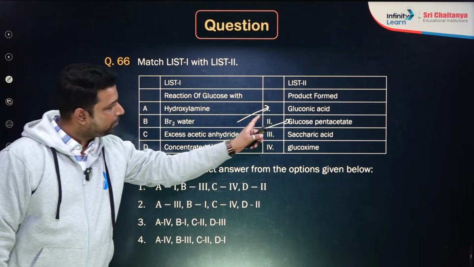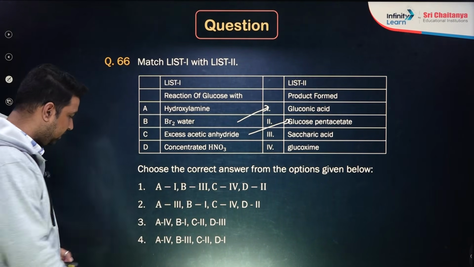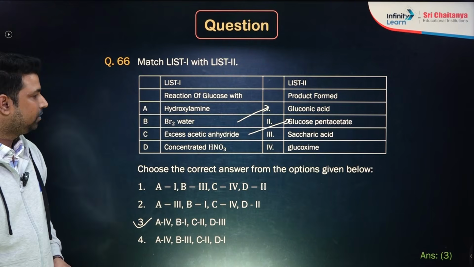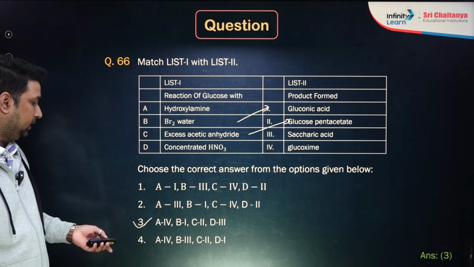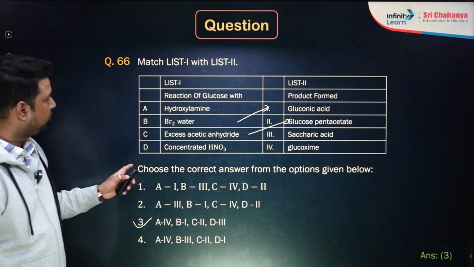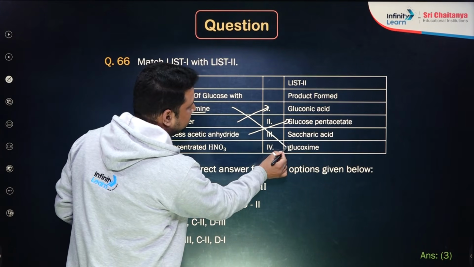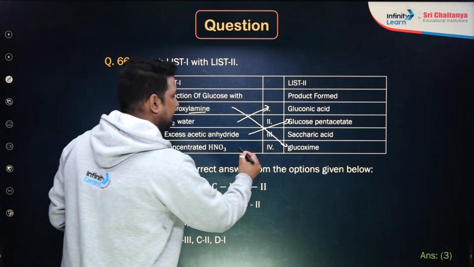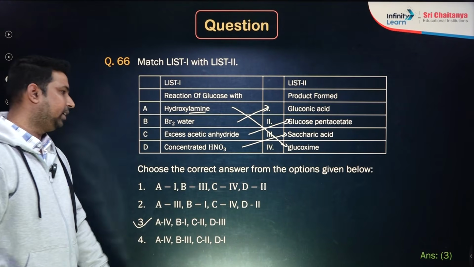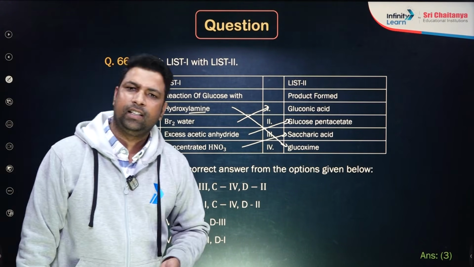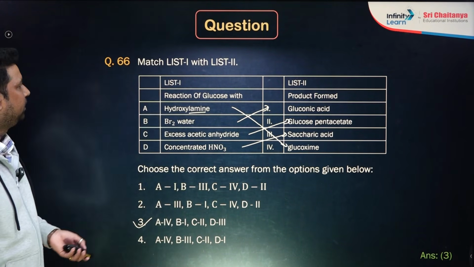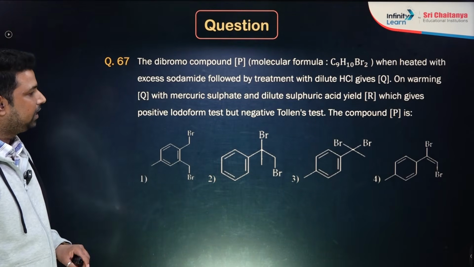By just matching these two, you can get the answer. Answer would be third part. Okay. Rest of them you can also see. A is fourth. Amine form oxime, and saccharic acid will be formed by concentrated HNO3, and the reaction is directly given in NCERT. Okay, so it was a very good question taken from the NCERT.